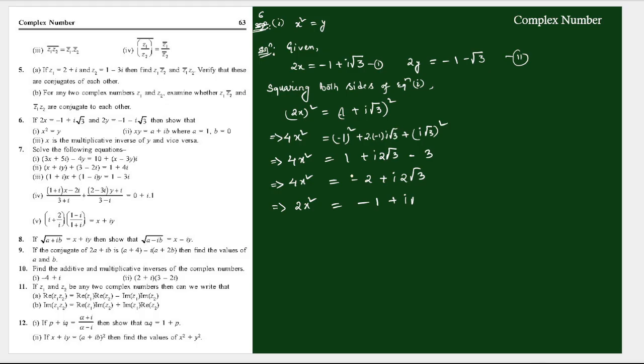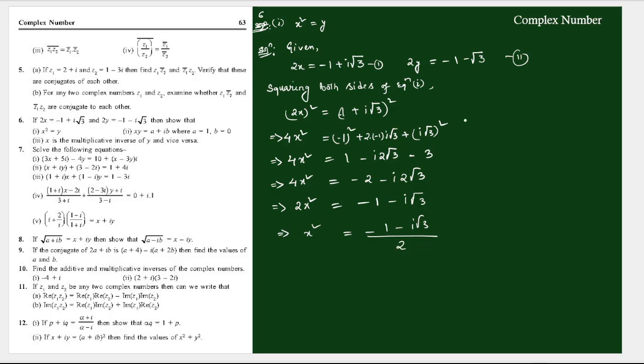Then now it is minus, so this will be minus i root 3. So we need to find x square. So x square is minus 1 minus i root 3 by 2.